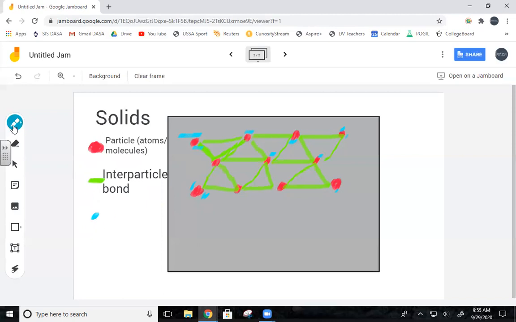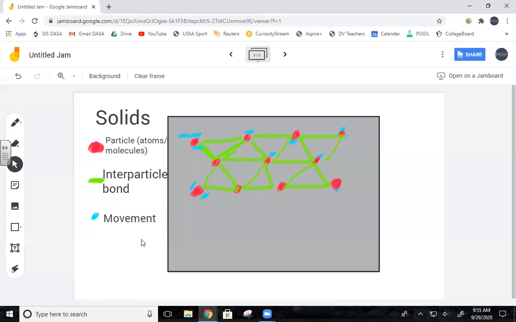The blue is movement, okay? So that's the movement of the particles, okay? Movement, and that's not all that important for this state of matter, but you'll see how it becomes more important for the next states of matter.